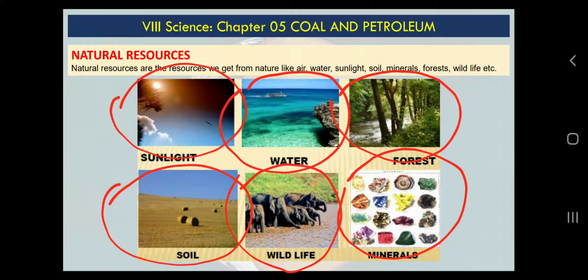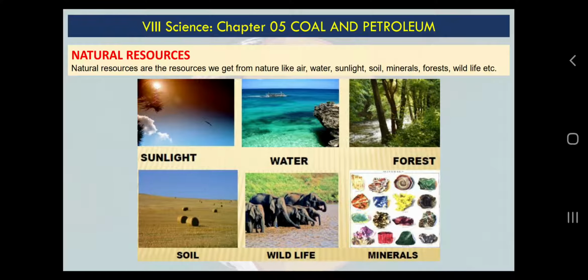If you talk about forest or wildlife, there are so many uses that we cannot count them, because these creatures or these things are playing very significant roles directly or indirectly in our lives, and we are getting direct benefits from these natural resources.